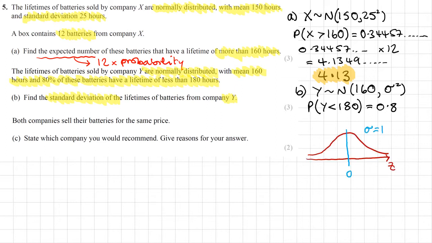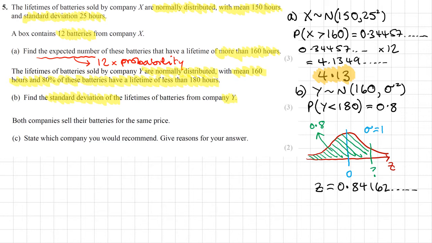So because we need to standardize, I'll draw out my standardized normal distribution, and I know less than this value of Z which I want to find, that area is 80%. So I can use inverse normal to work out this Z value here. And that gives me a Z value of 0.84162, and so on.